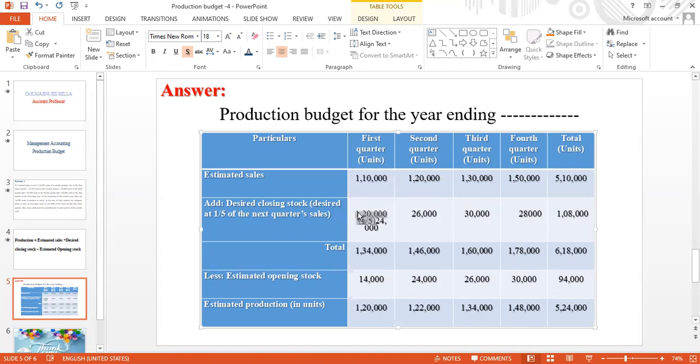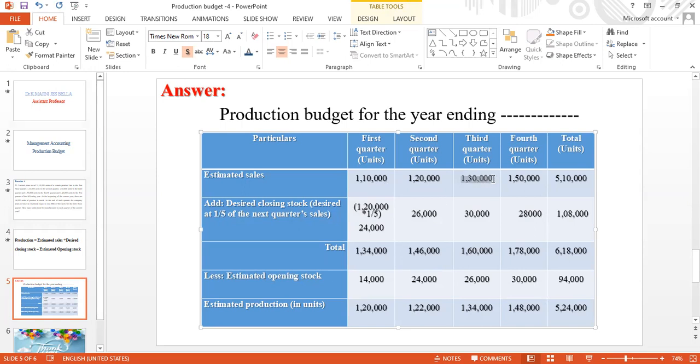Like this, we should identify. Here, divided by 1 by 5. That is equal to 24,000.